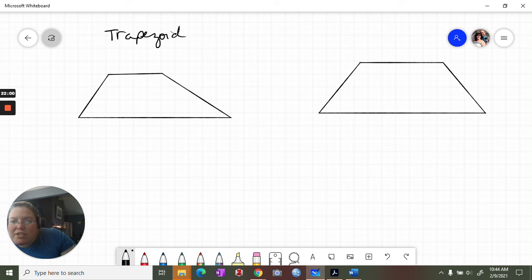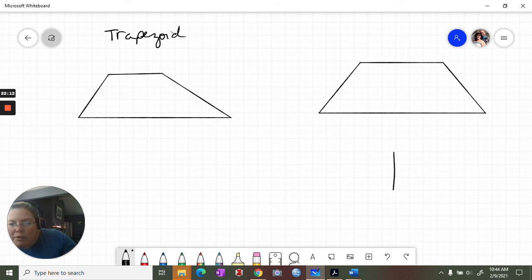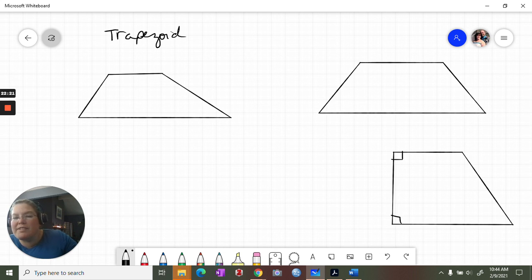And then there's such a thing as a right trapezoid. Oh, that's not what I wanted. Let's try it again. A right trapezoid has right angles. It has 2 right angles. This is a right trapezoid. It has exactly 2 right angles.